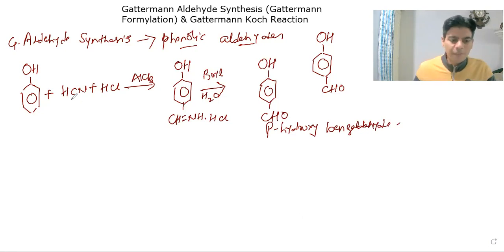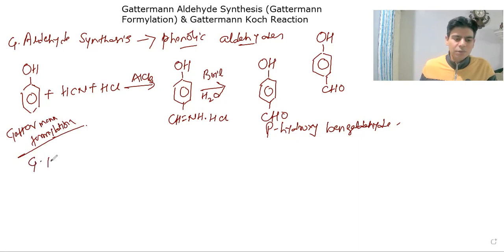Now, if in place of HCN I use carbon monoxide, then the reaction is known as the Gattermann-Koch reaction, which we also call Gattermann formylation.